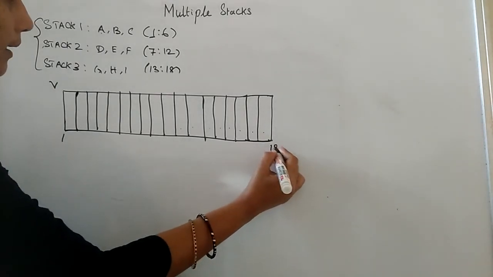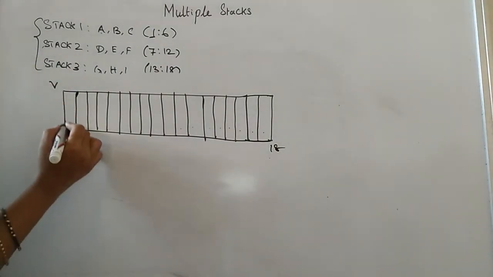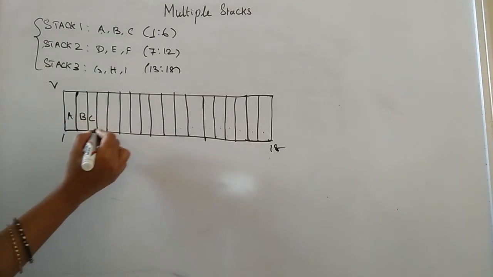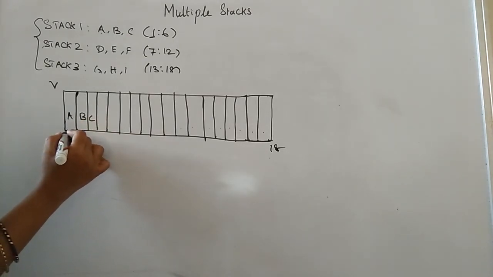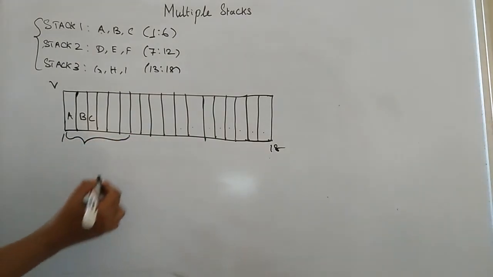So here you will have 18, right? So the stack 1 elements are A, B, C, which ranges from 1 to 6.